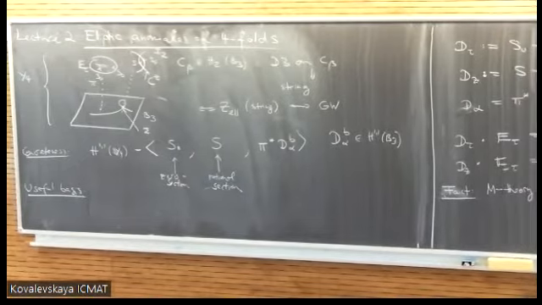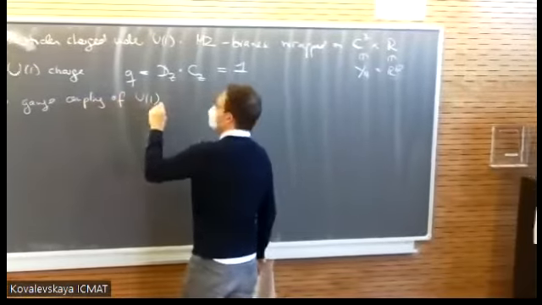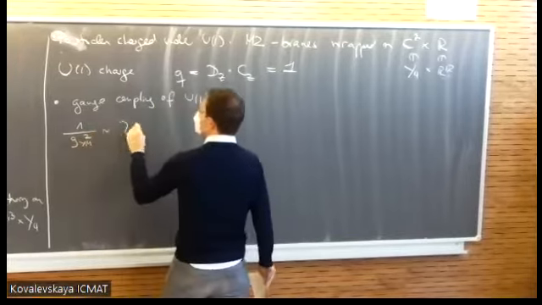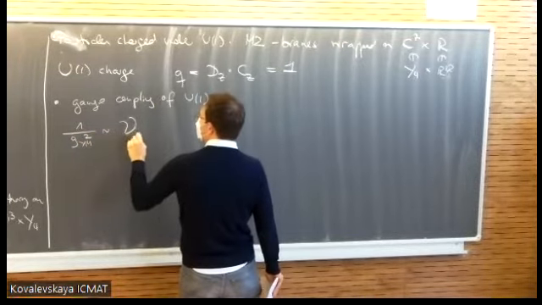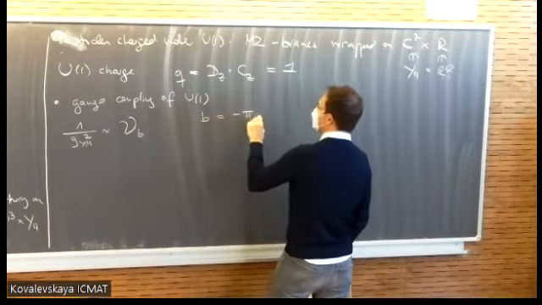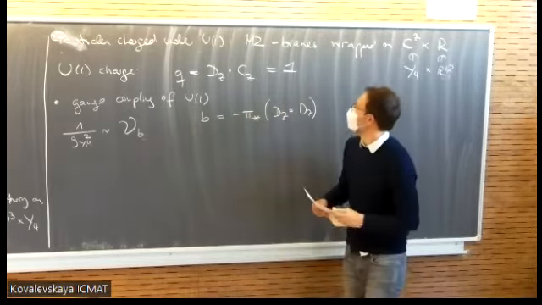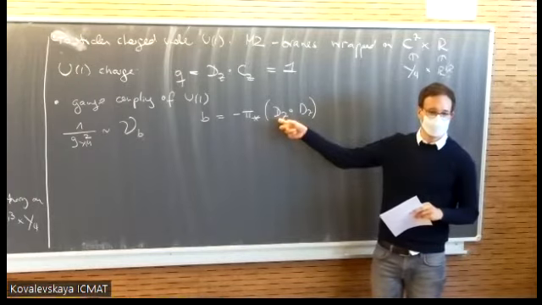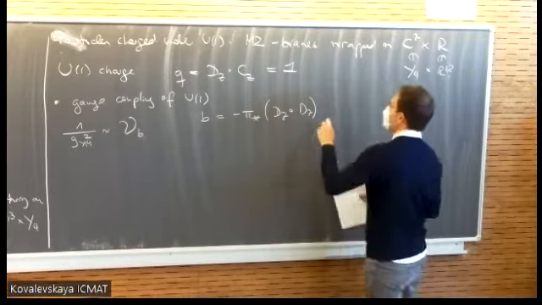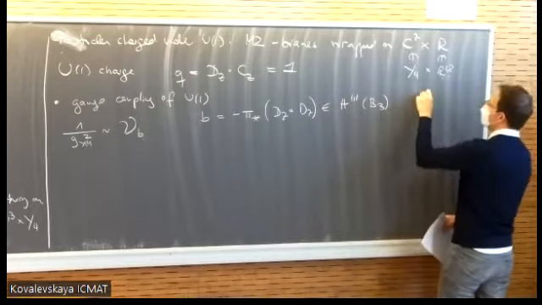The gauge coupling of the U1 turns out to be, up to normalization, such that 1 over g_YM squared is proportional to the volume of a divisor B, where B is minus pi lower star of dz dot dz. So I take this divisor dz, I square it, I project it to the base. This gives an element in H11 of the base, the so-called height pairing.